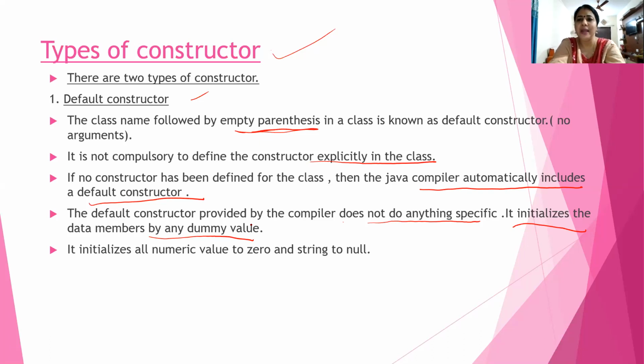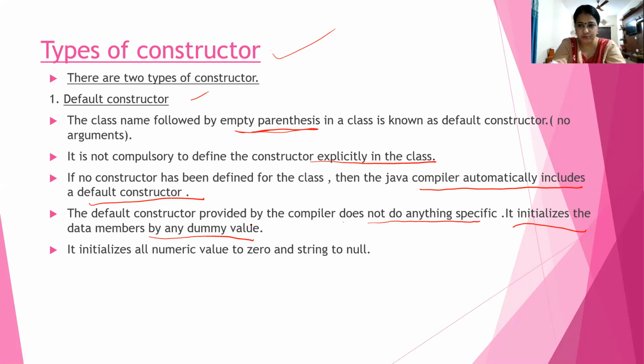If by mistake you do not mention the default constructor or any constructor in our program, the compiler automatically adds a constructor into our program, and that is also known as a default constructor. So a default constructor can be written by the programmer also, and if it is not written in the program, then the compiler adds the default constructor.